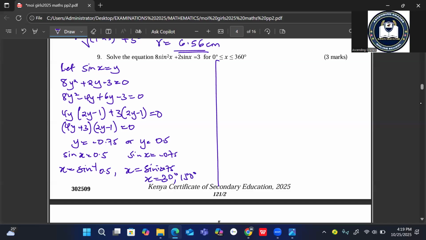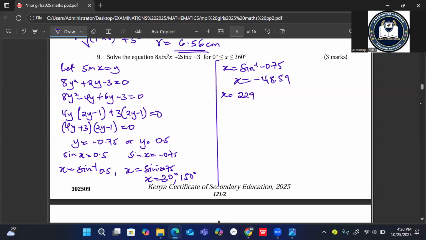And now we look for x equal to the sin inverse of negative 0.75. Now this one gives us also two values, so x becomes negative 48.59. Therefore, our x is going to be now 229.